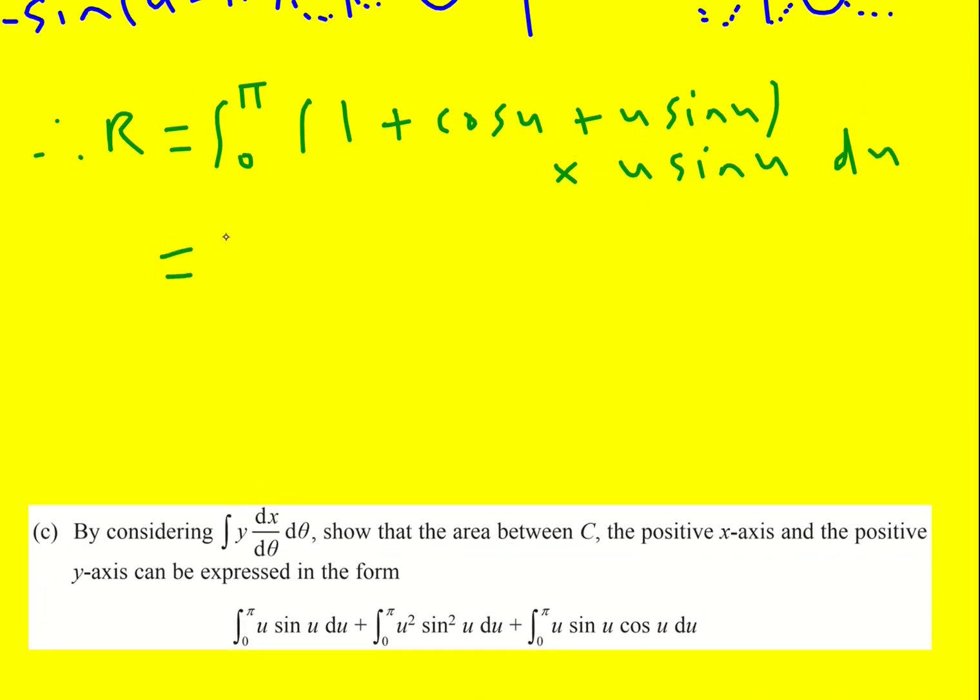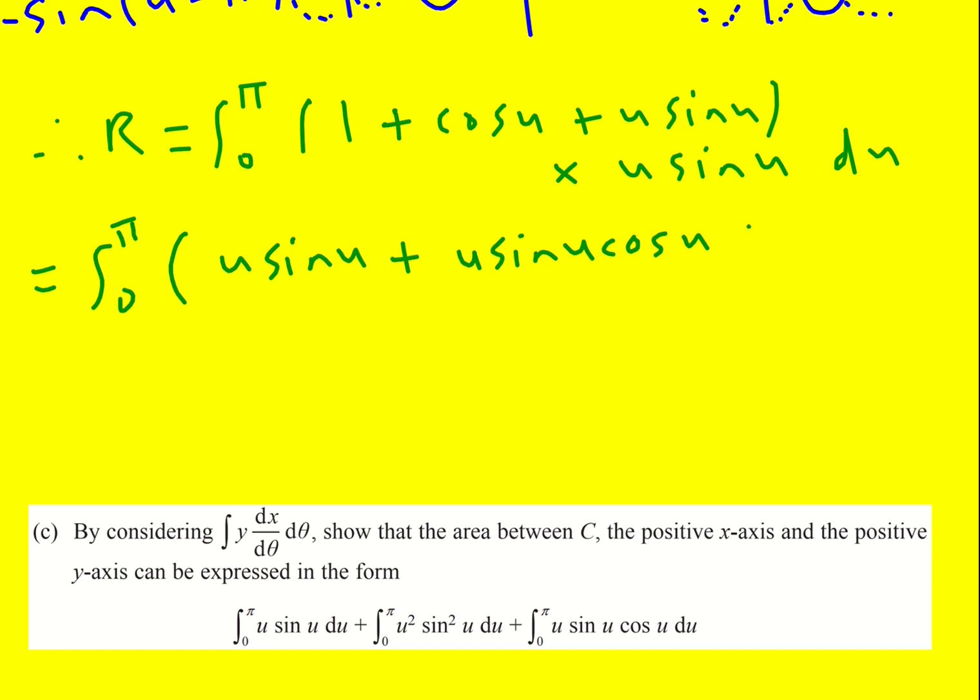Let's expand the brackets, first of all, within the same integral. In fact, I might just write it here to get a little bit more space. So it's going to be u sine u plus u sine u cos u plus u squared sine squared u du. And finally, I can just split it into 3 integrals.